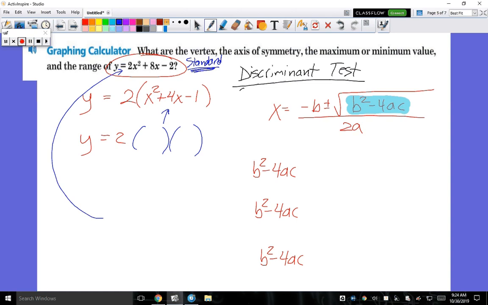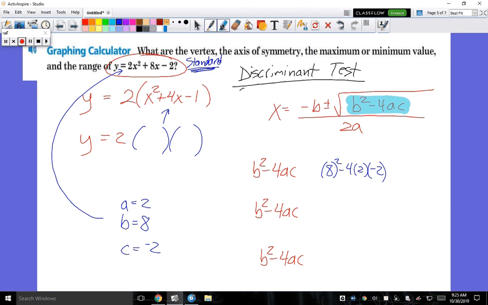What's the a value that you see? 2. What's the b value? 8. What's the c value? Negative 2. So b squared minus 4ac is like saying 8 squared minus 4 times 2 times a negative 2. What's 8 squared? 64.